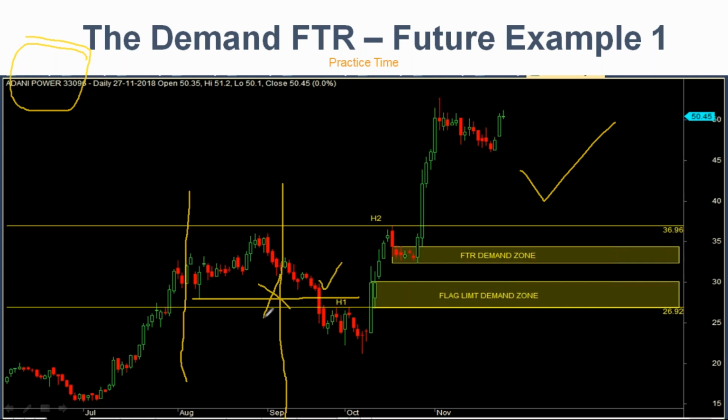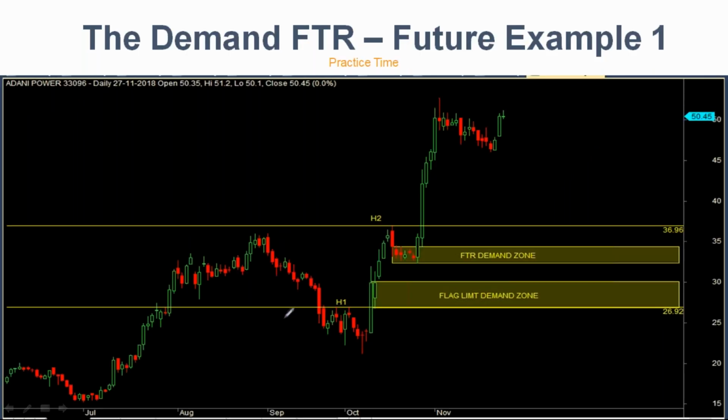There is no supply flag limit here. End of September, what has happened? Prices calmed down and went up. I don't see any zone there. September is only this much, no?